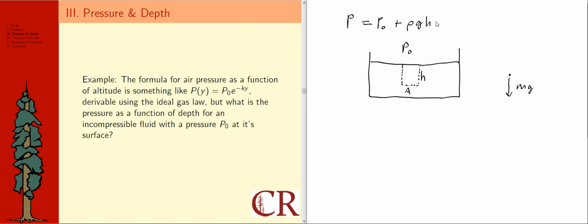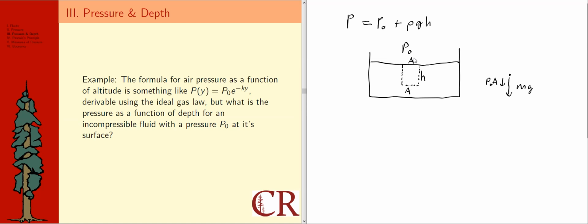And so let me throw in another pressure force here, a little bit to the side over here. So here's that other pressure force, and that is really going to be equal to that P naught multiplied by the cross-sectional area A, because I'm assuming that if the bottom has a cross-sectional area A, then that is constant throughout. In other words, I could also label that area A as being the top of my system.